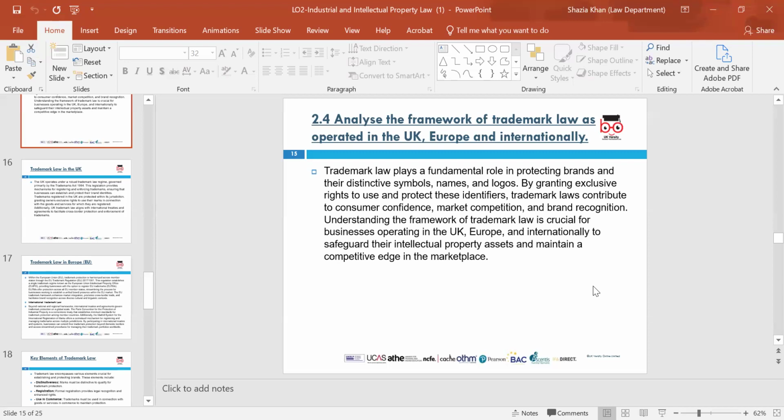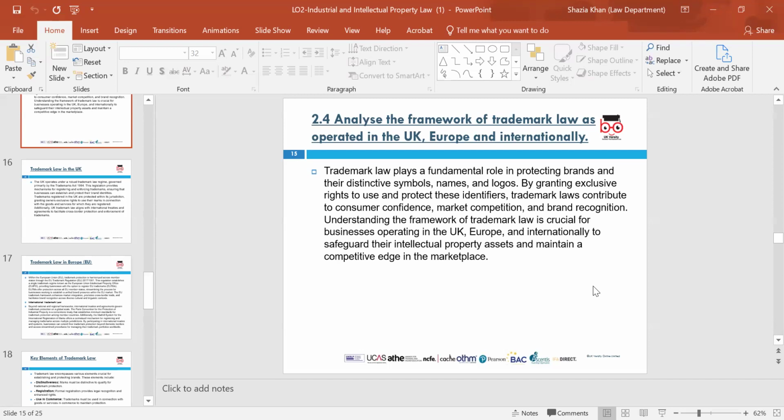Trademark law plays a fundamental role in protecting brands and their distinctive symbols, names, and logos. In the UK, trademark registration gives the proprietor the exclusive right to use the registered trademark on those goods or services for which it is registered.